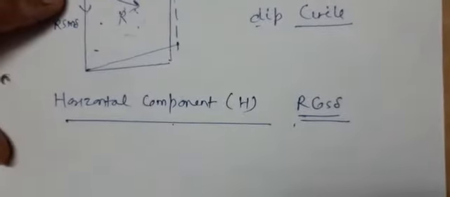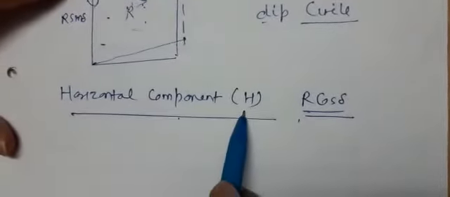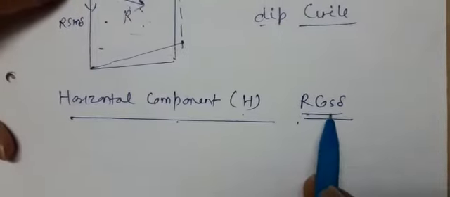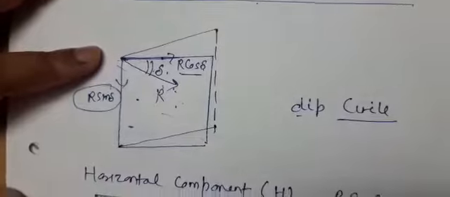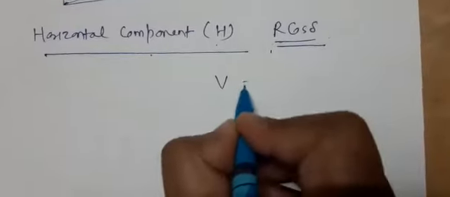So now here, if horizontal component is R cos delta, then what is this R sin delta? This will be taken as its vertical component.